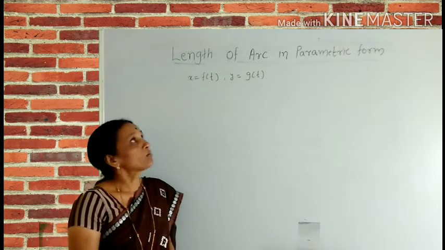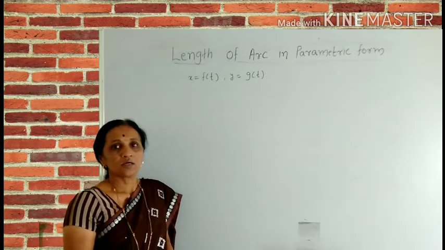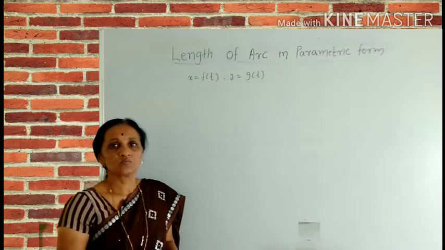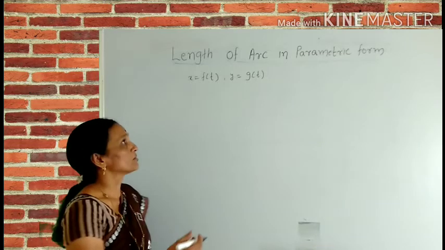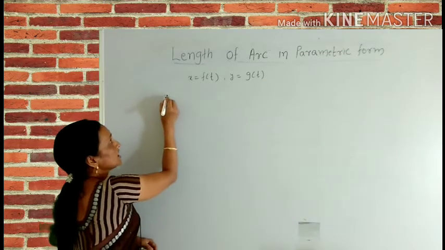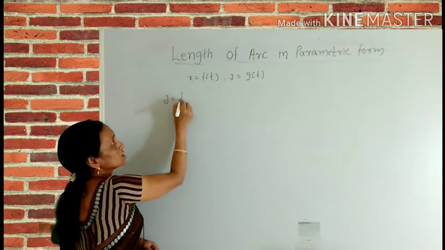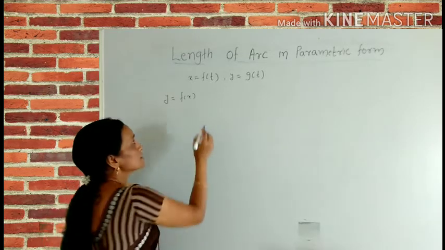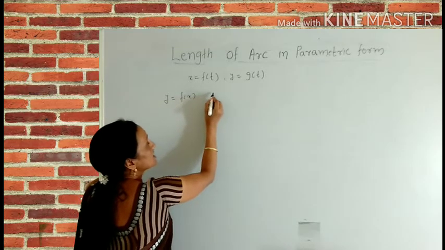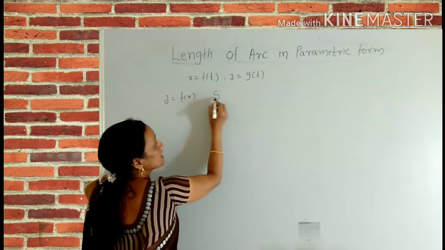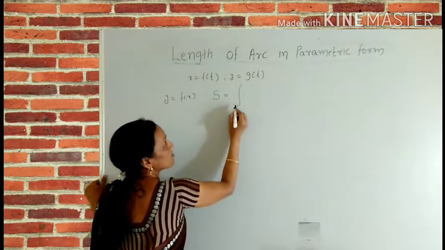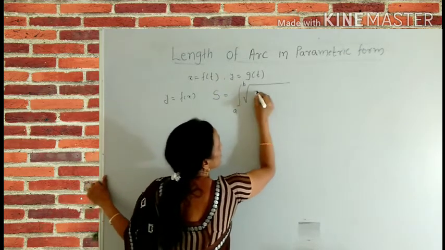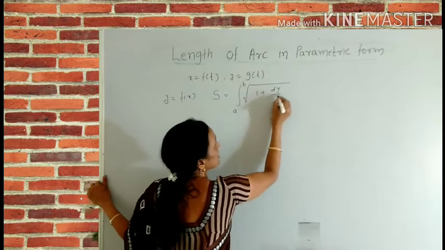Now for finding the length of the arc, we first consider the length of the arc in Cartesian form. We know that if y equals f(x) is a Cartesian equation, its arc length, denoted by the letter s, is defined by the integral from a to b of the square root of 1 plus (dy/dx) squared, multiplied by dx.